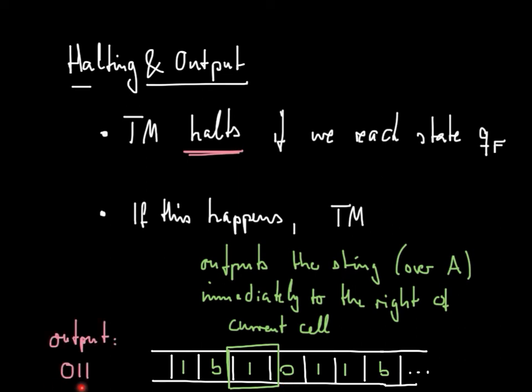Note that the output is always a finite string over A, and the reason for that is that in order to reach QF, we only pass through a finite number of configurations, so a finite number of steps, and we start out with a finite number of symbols from A on the tape. The input is a finite string, and in each step of computation that we pass through, we can write only one additional symbol, at most one additional symbol.